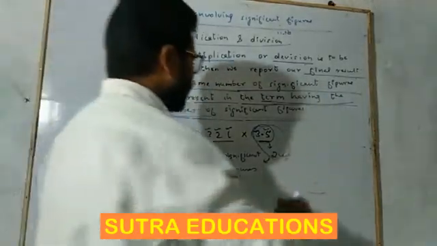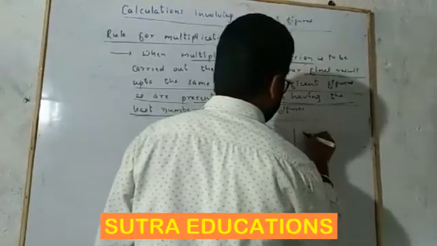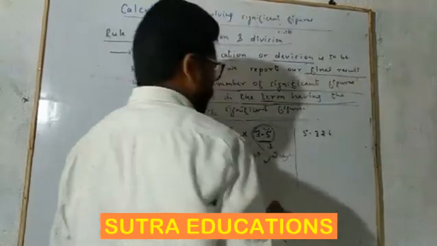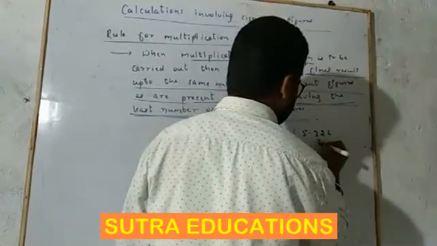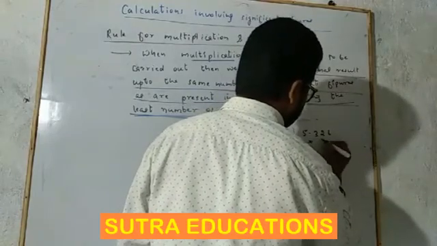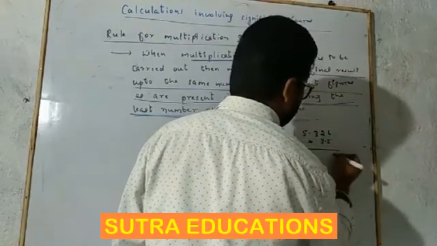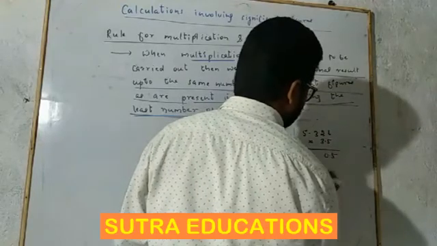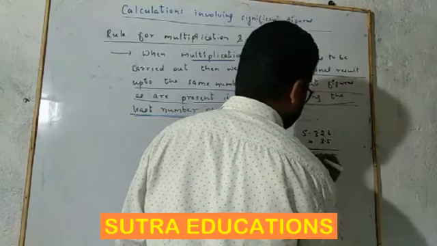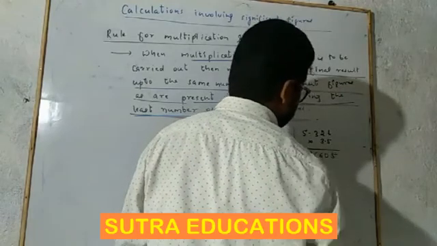So it will be 5.321 multiplied by 3.5. 5 times 1 is 5, 5 times 2 is 10, 5 times 3 is 15, plus 1 is 16, 5 times 5 is 25, plus 1 is 26.